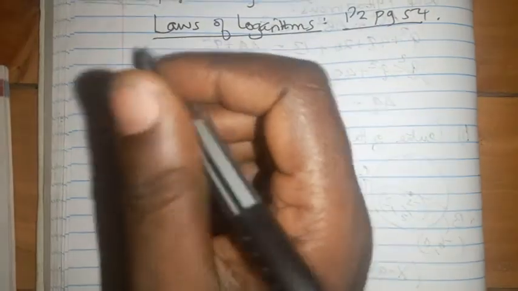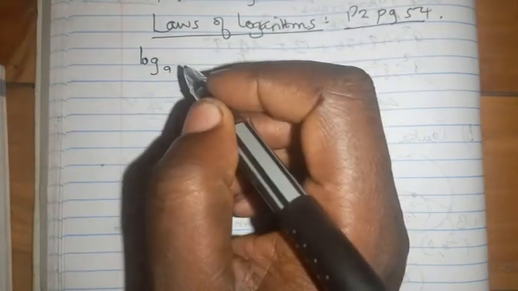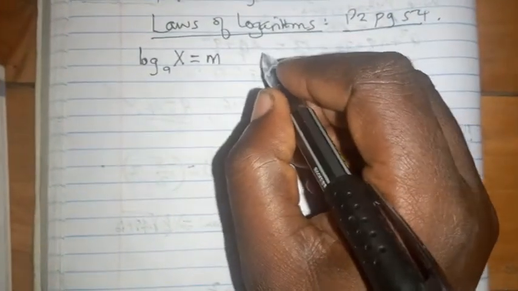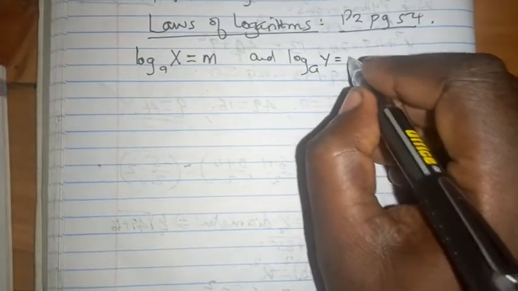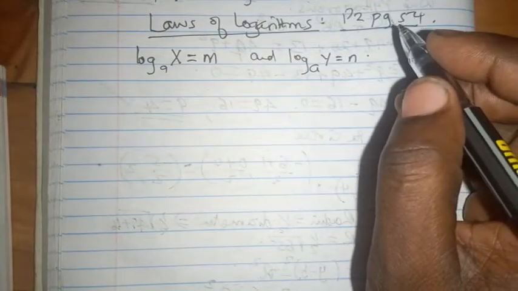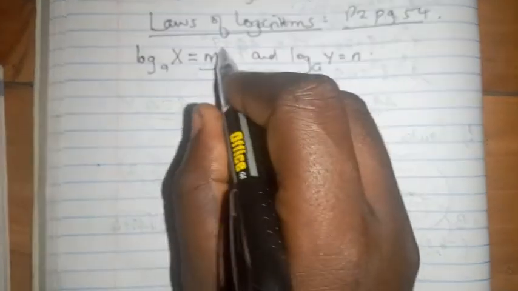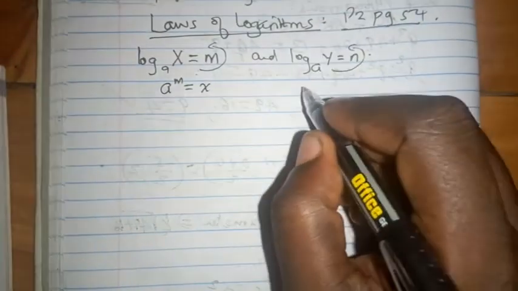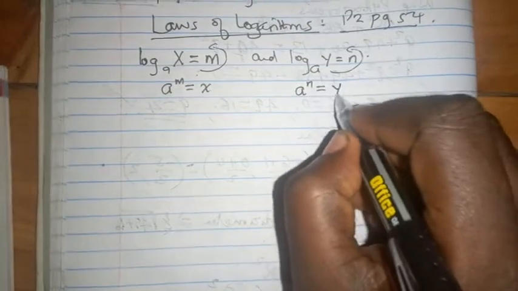Of course, we know, for instance, and I want to explain something that is on page 54. If you have logarithm to base a of x being equal to m, and log to base a of y being equal to n, then we can apply the anti-clockwise movement in both cases and see a raised to power m is equal to x and a raised to power n is equal to y.